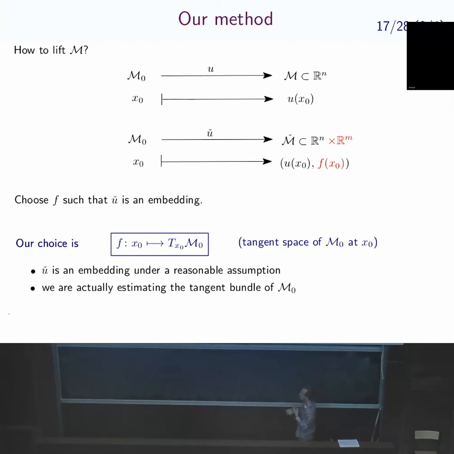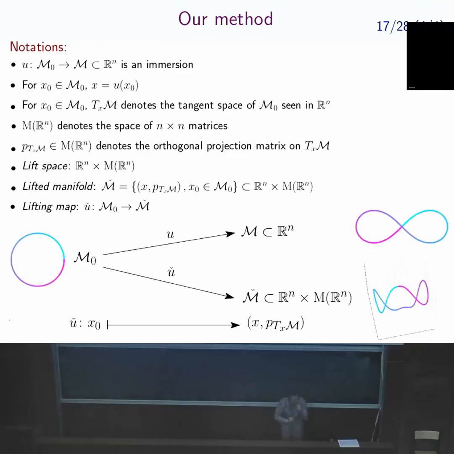And this is an interesting point of view that we will study a bit more in my third work. Some notations. So U is the immersion. If I have a point x0 of the abstract manifold, I will denote x the image of x0. And I will denote T_x0 M0 the tangent space of M0.